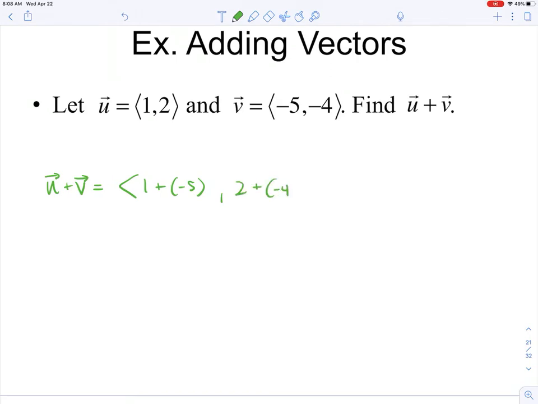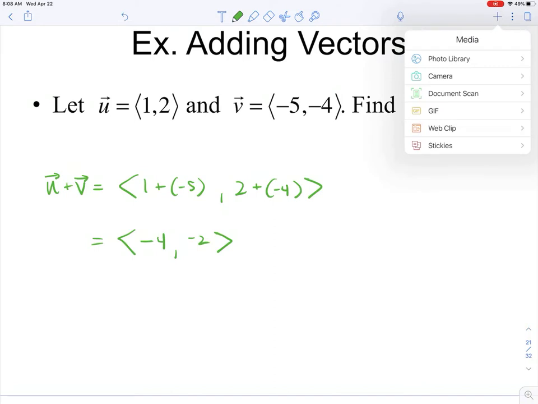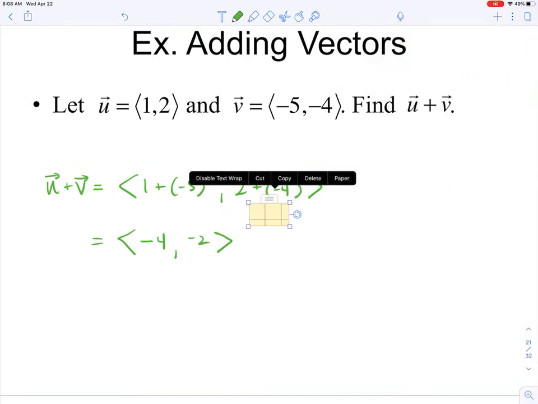We can do that by adding their horizontal components and adding their vertical components. So the resultant vector would be -4, -2. So the resultant vector would terminate at the point -4, -2.